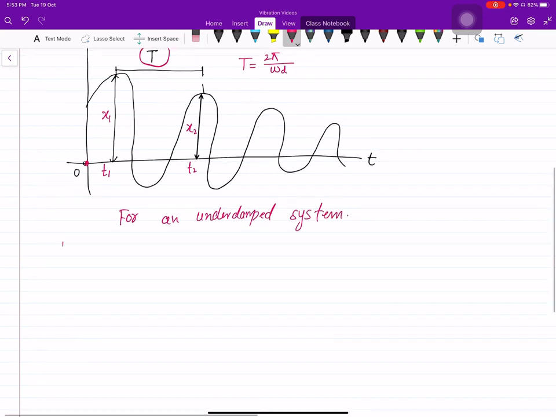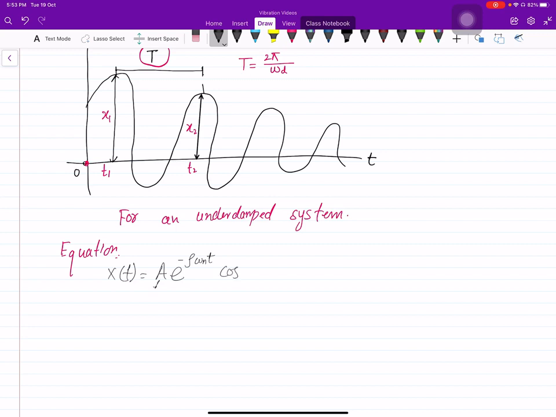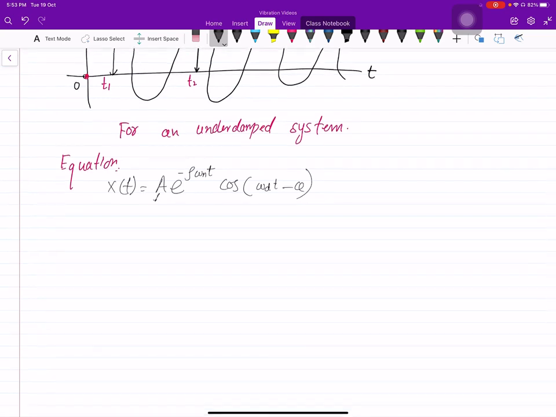So we have the equation for x(t): x(t) equals this magnitude times e to the power of minus zeta times the natural frequency times t, multiplied by cos of the damped frequency times t minus theta.